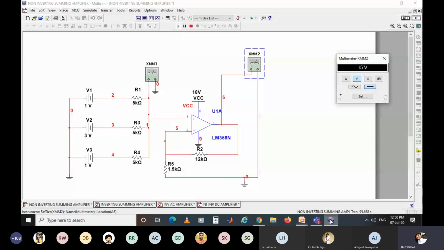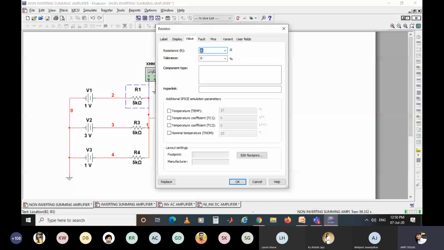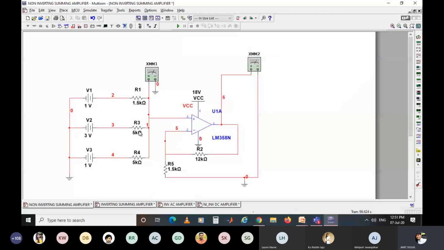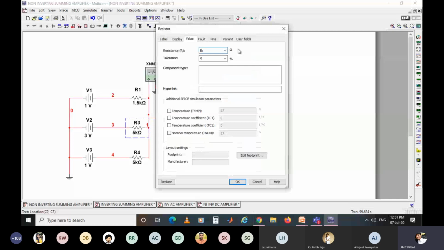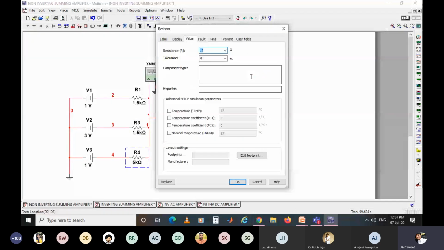Let's do the same thing here. What were the values? R1, R2, R3 and Ri are 1.5K. So let's go back to the circuit and make the necessary changes. That is 1.5K. I have to stop the simulation. Then this will also be 1.5K. This will also be 1.5K.